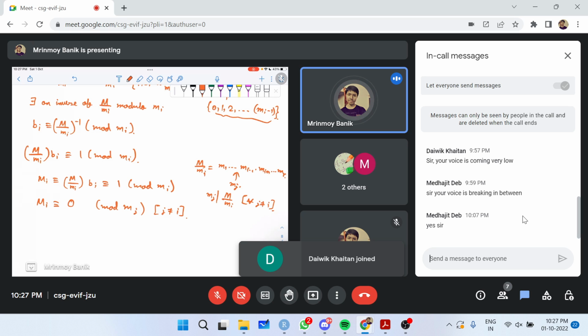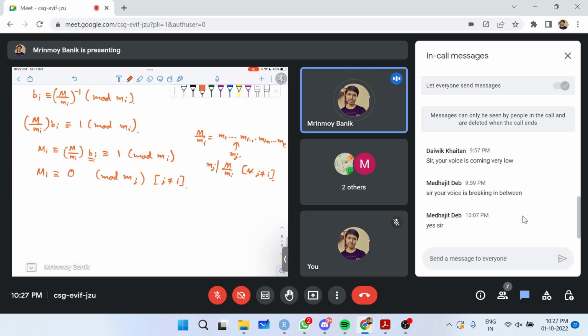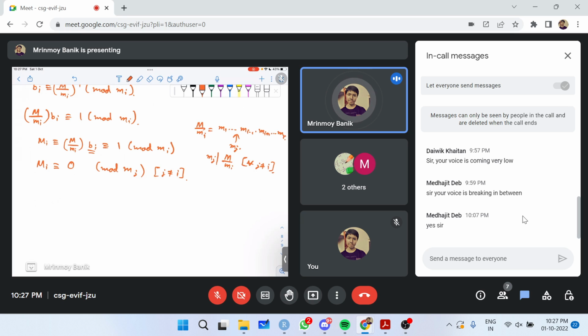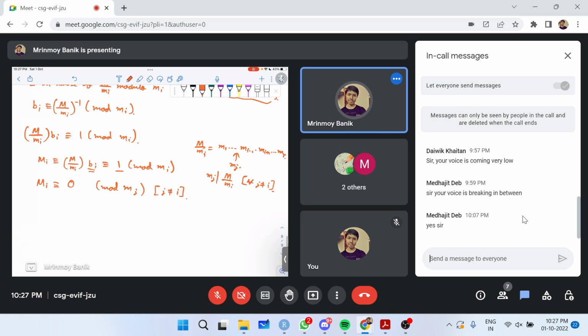That's why it's congruent to 0 mod mj. bi is just another integer, so whatever you multiply it by, it will always be divisible by mj. So capital Mi is 0 mod mj for all j not equal to i, and Mi is 1 mod mi.